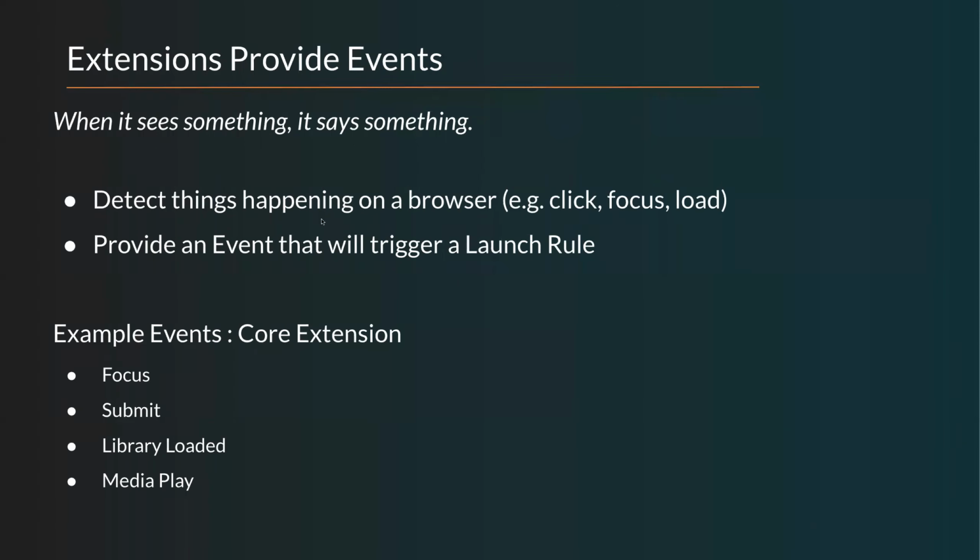And when that extension sees the particular thing happening on the browser that it cares about, it provides an event to launch in the form of a trigger. So back in the launch rules editor, what is the event that will trigger this rule? That's what the extension provides. Example events provided by the core extension: the focus event, the submit event on a form, library loaded, or media played.